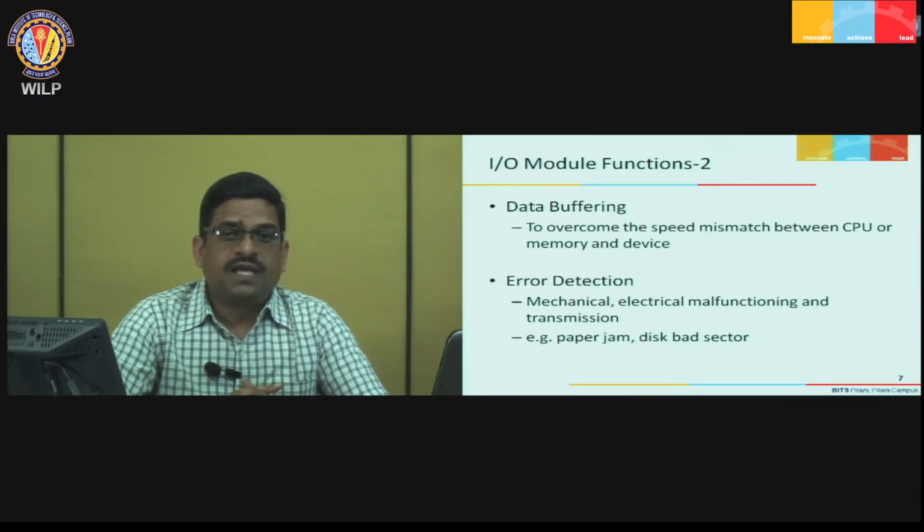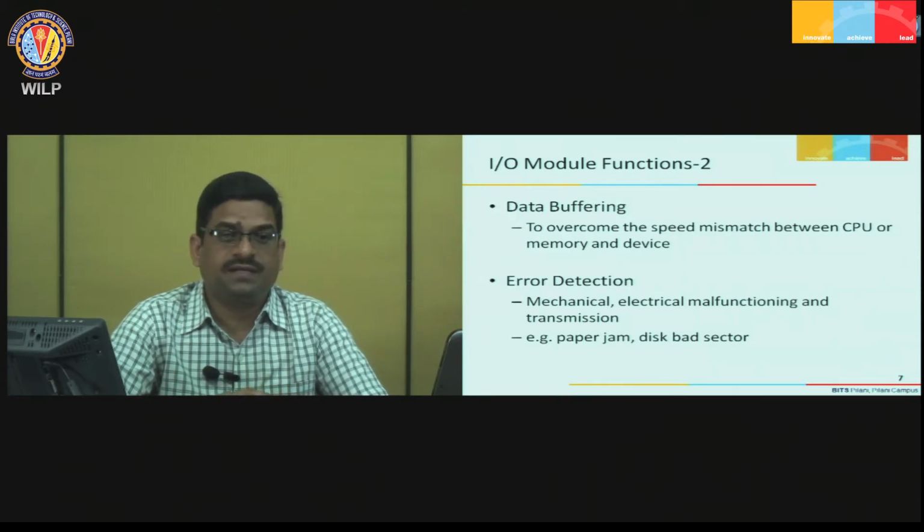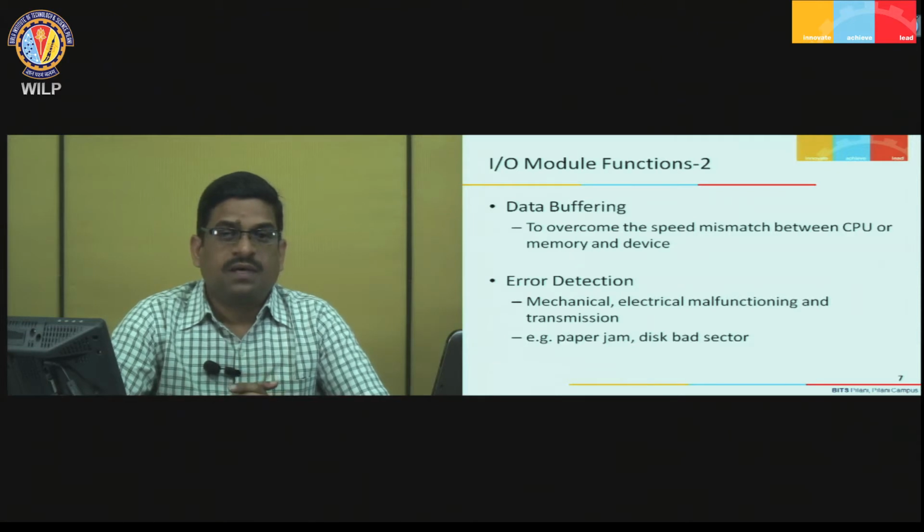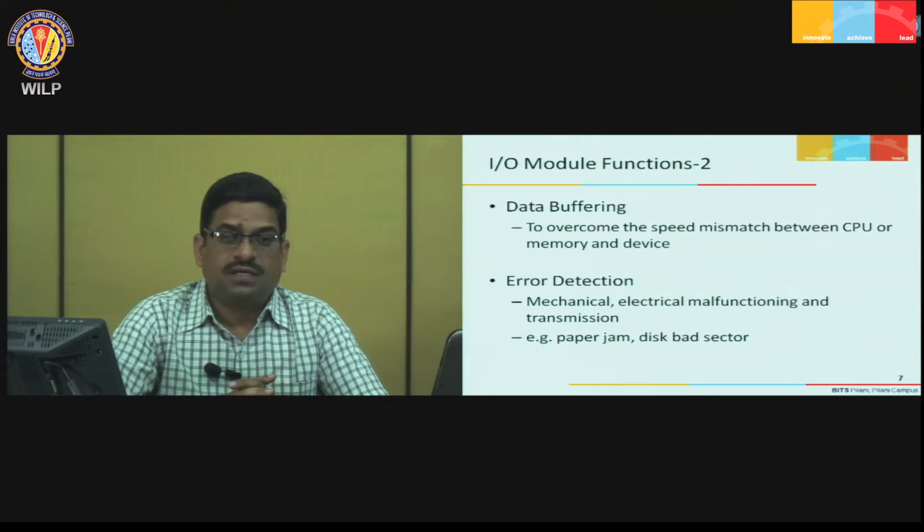And if any error is detected, maybe that physical device is currently out of order, let us say in a printer maybe a paper jam, that error has to be detected and reported to the processor so that the processor can indicate the error message. Similarly, for the hard disk, a bad sector has to be reported if it is there. So, it also detects errors that occur during the operation for that particular device.